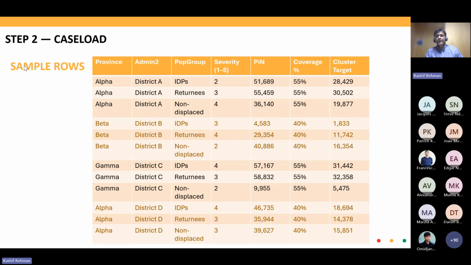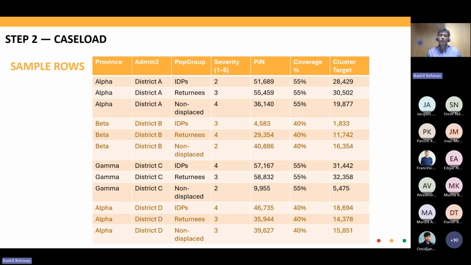So in this slide, you can see you have the admin location, you have the population groups, and then the PIN which was calculated in the previous step, and then the coverage. It is simply a multiplication of the coverage with your people in need to get the cluster target.